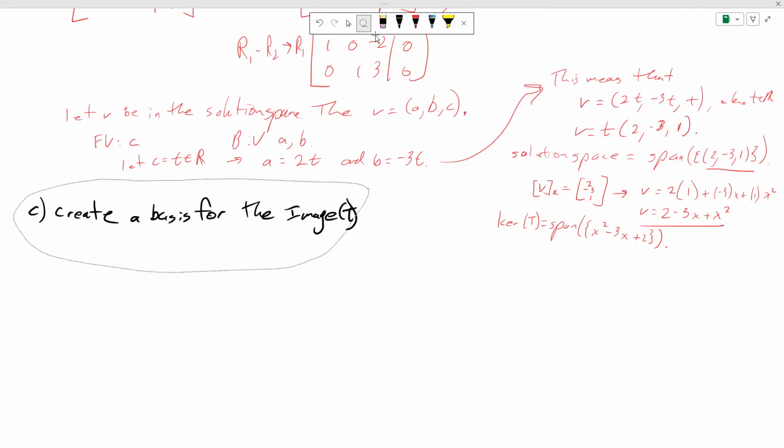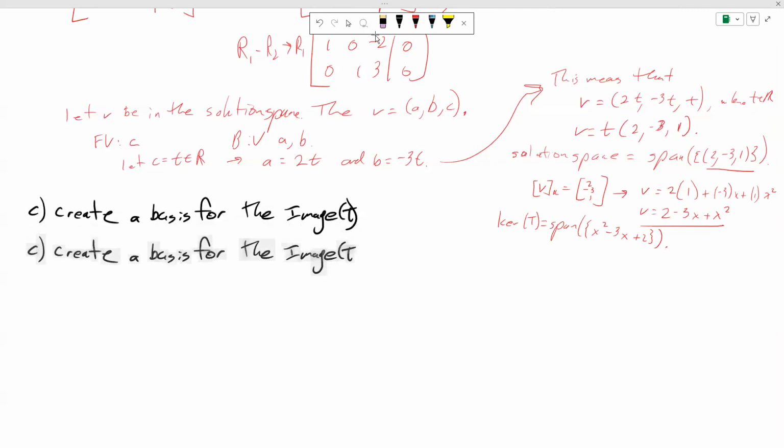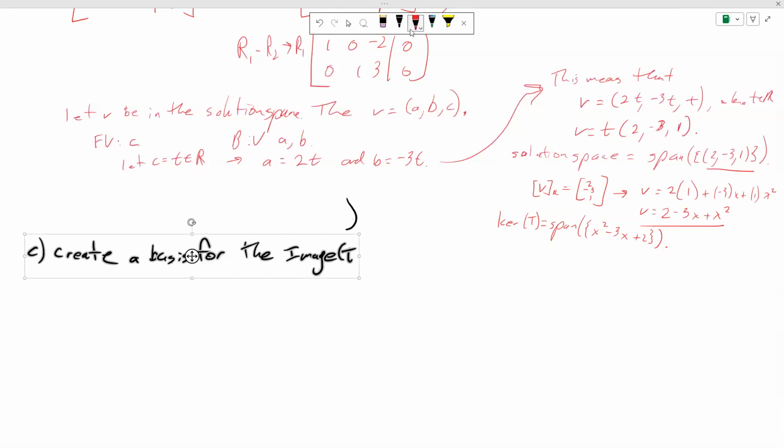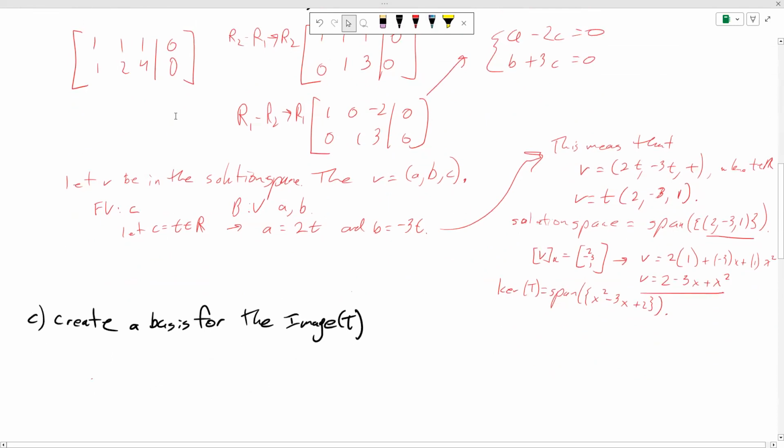We get a similar process for computing the image. For the image, we're looking at the span of the columns in our matrix. So we want the span of these vectors. And here we're just going to take the vectors corresponding to the basic variables.